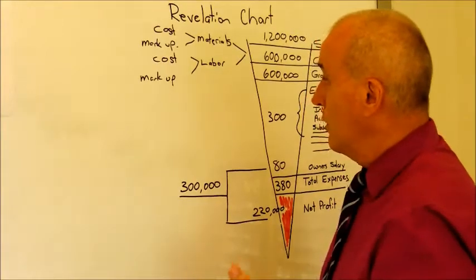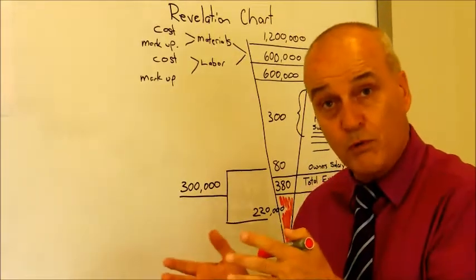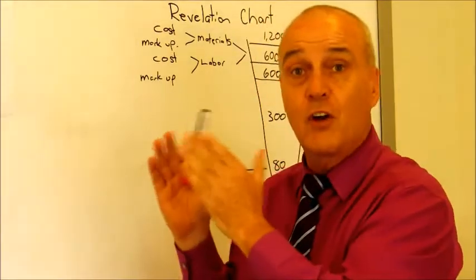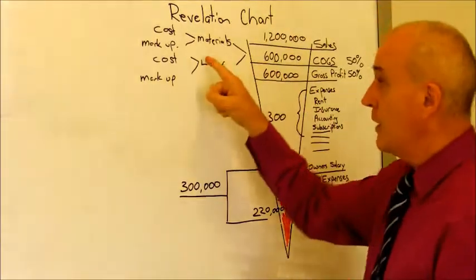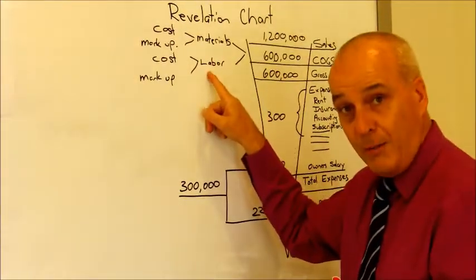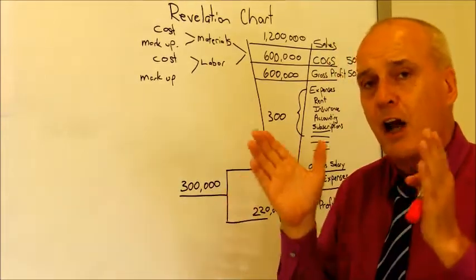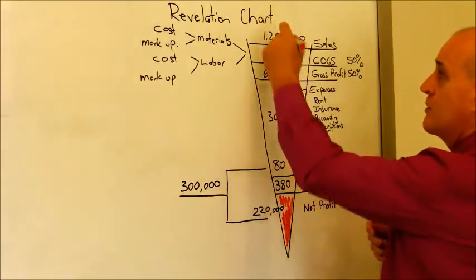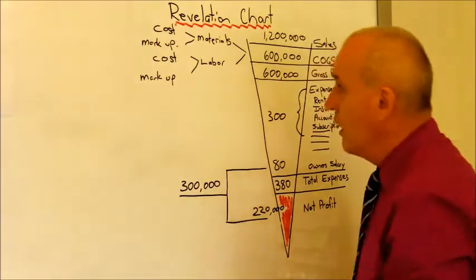In this example, we're assuming a 50% gross profit margin, so that means that out of our sales, 50% of every dollar of sales is a cost of sales. And here I'm putting fee earning labour in, so that's the staff that actually generate the money, so we get a much truer cost of goods. So this tool is called a revelation chart.